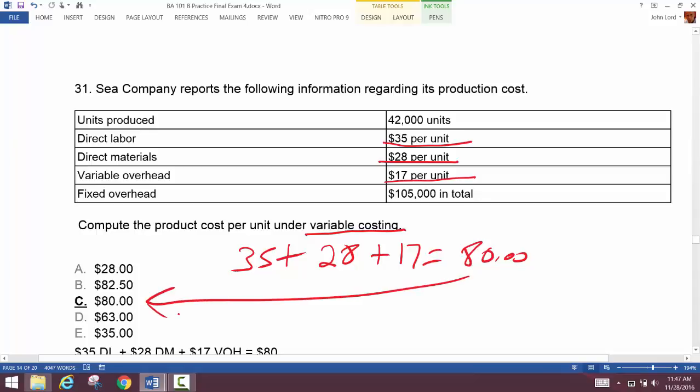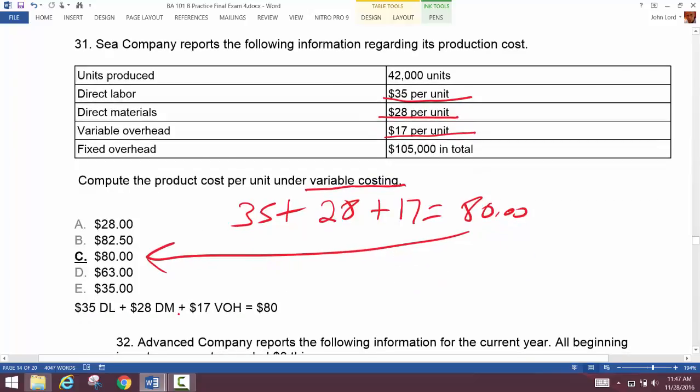Okay, good. What if it's absorption? Take the 105,000. Divide it by 42,000 units. What is it? 2.5.